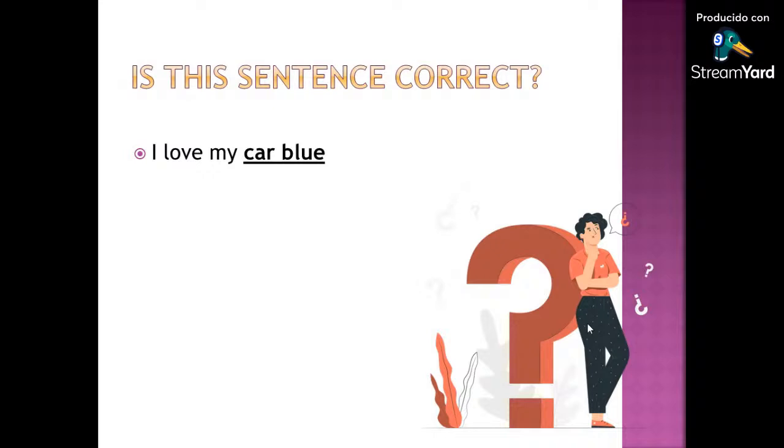Okay, welcome, Uva. And Osvaldo says it is not correct. Osvaldo thinks that we need to change it to blue car. So the sentence will be I love my blue car. Is that correct?